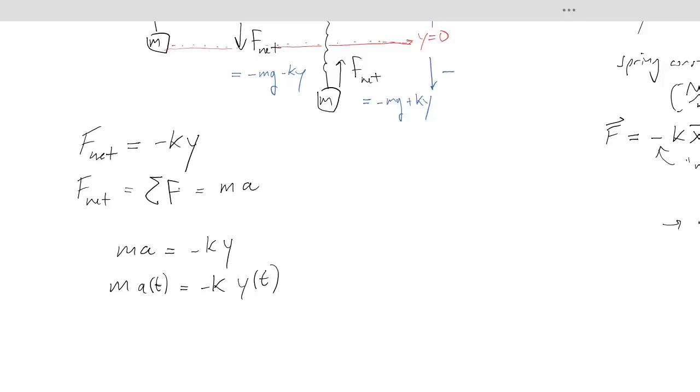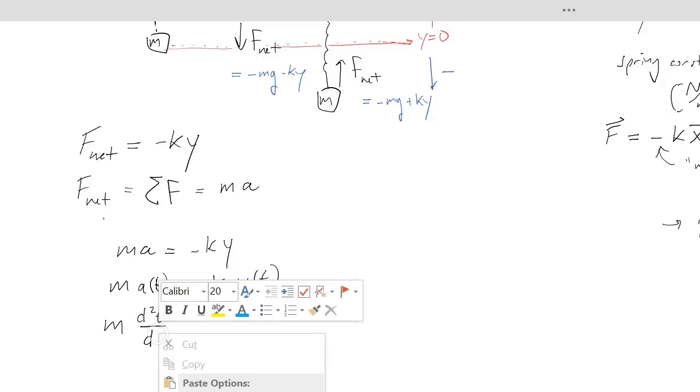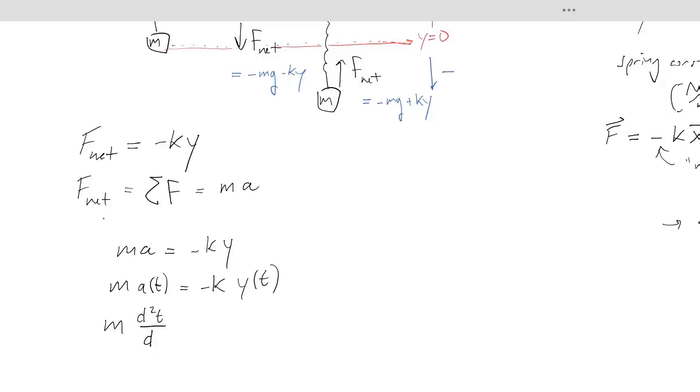And if we're only considering our vertical acceleration here, we can rewrite this as the second derivative of y with respect to t equals minus ky, and then y again is a function of time.